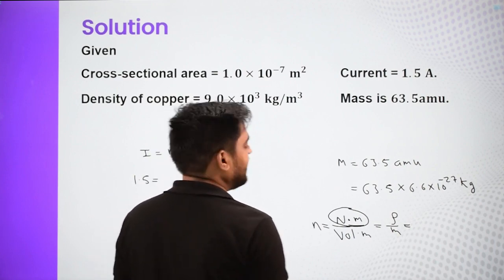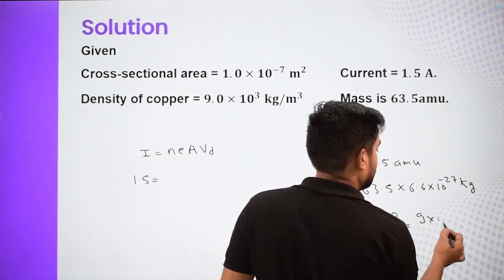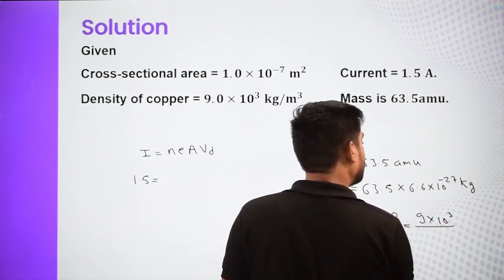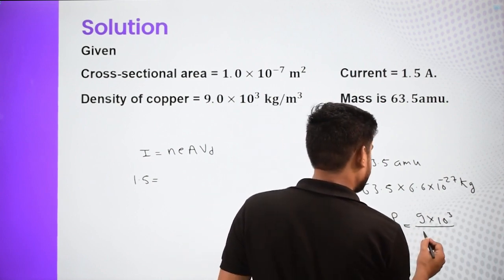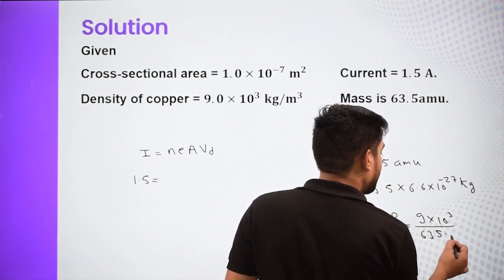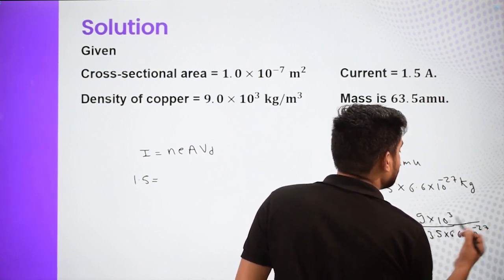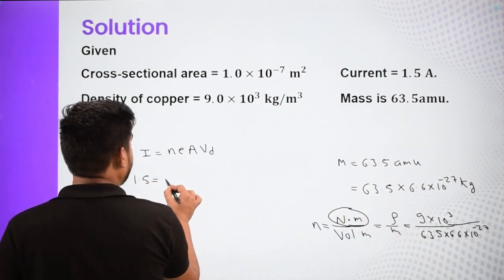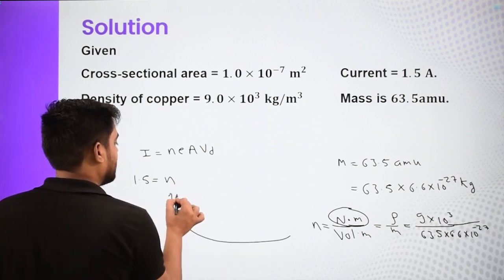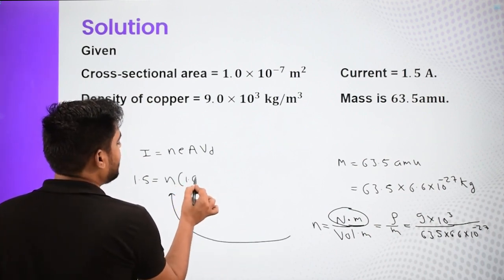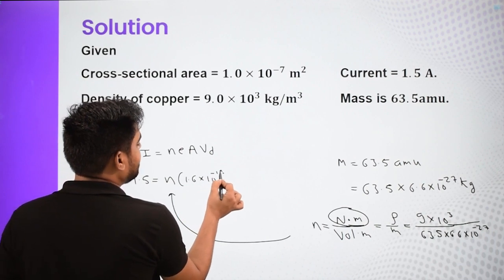Now density is 9 into 10 raised to power 3 kg per meter cube, upon the mass, which is basically 63.5 into 6.6 into 10 raised to power minus 27 kg. Once we get the value of N from there, the charge on each electron is 1.6 into 10 raised to power minus 19 coulomb.